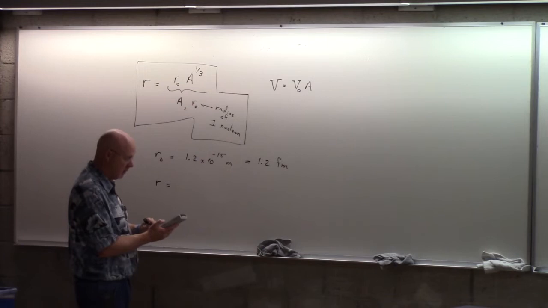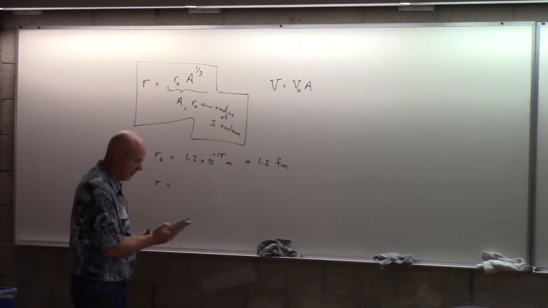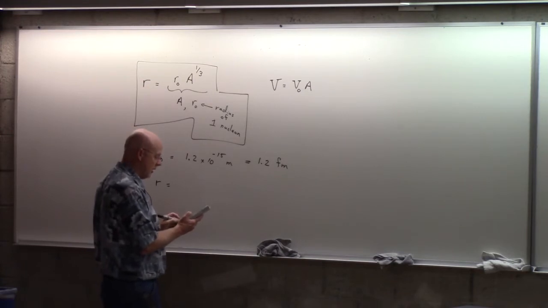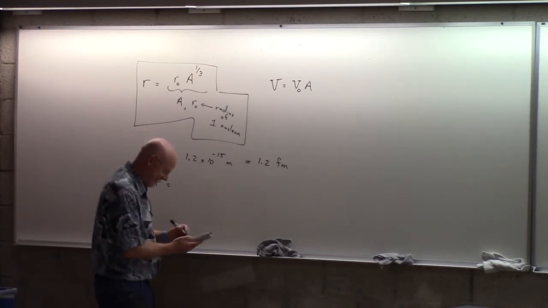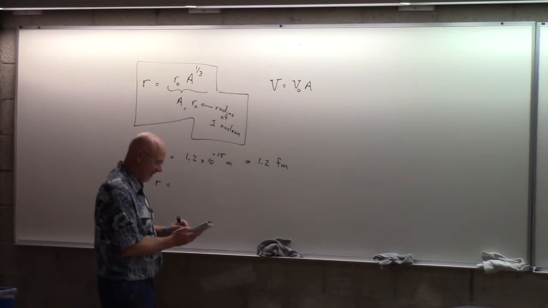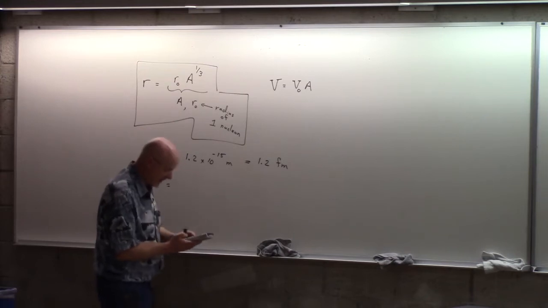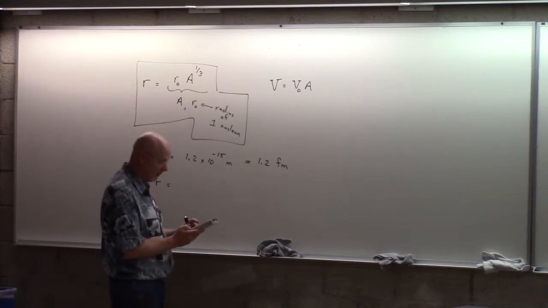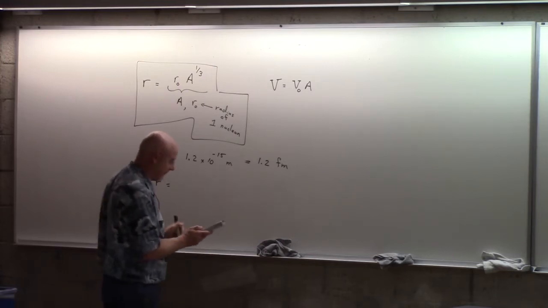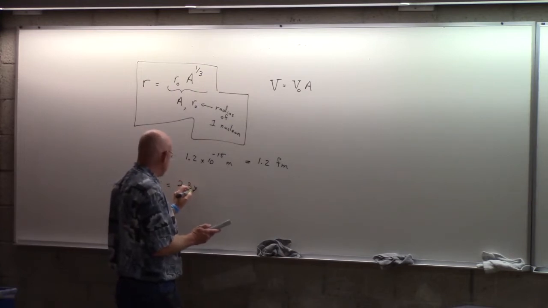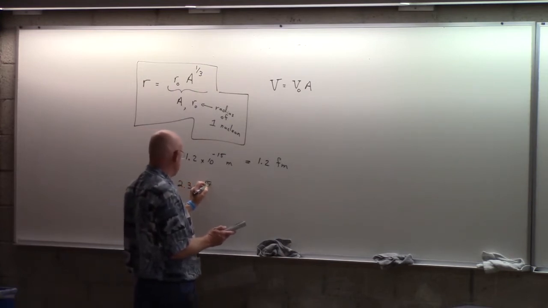Okay, let me try that again. 7 raised to a power of 1/3, and multiplied, there's my problem, I kept hitting the wrong button there, multiplied by 1.2, and so we're looking at about 2.3 times 10 to the minus 15 meters.